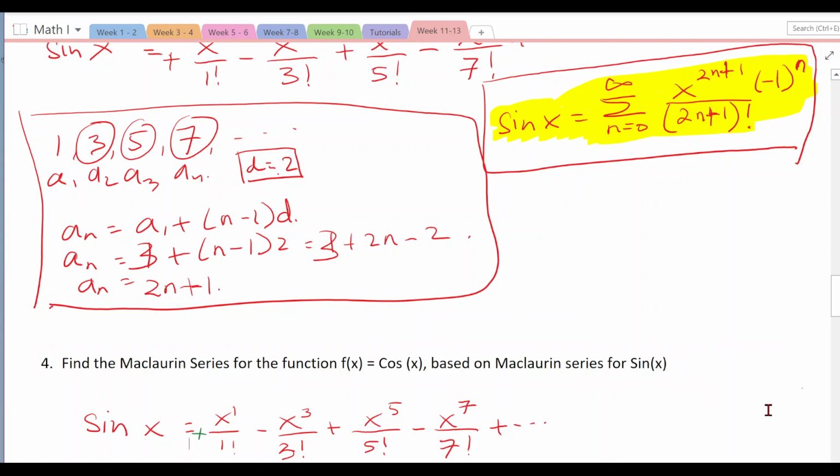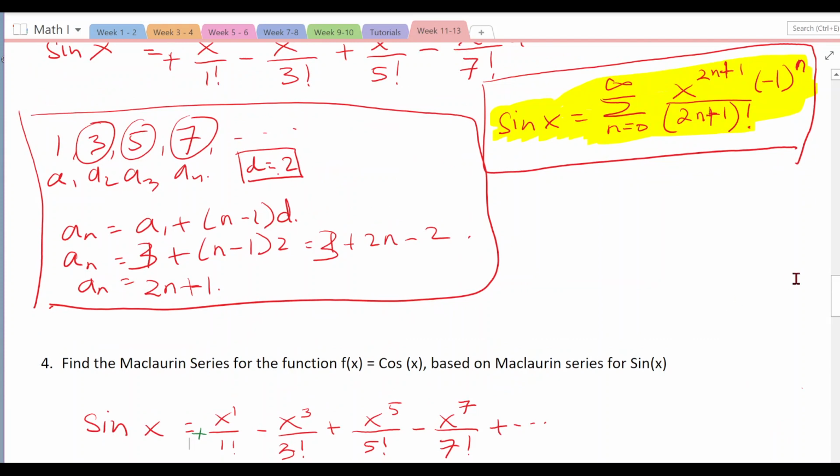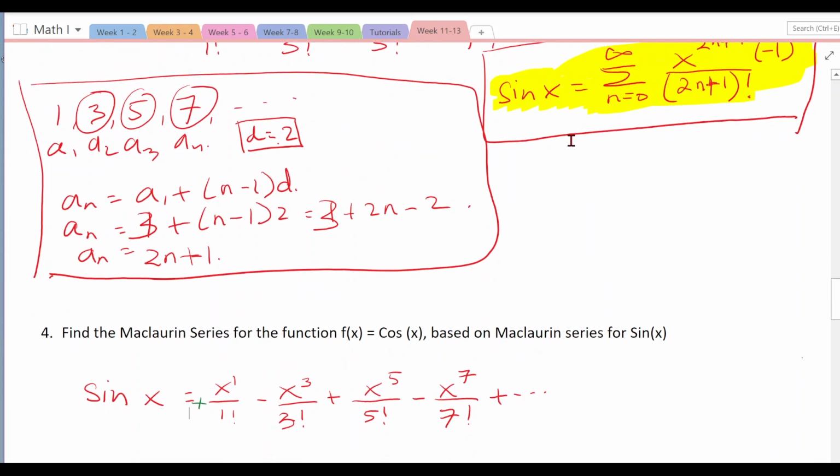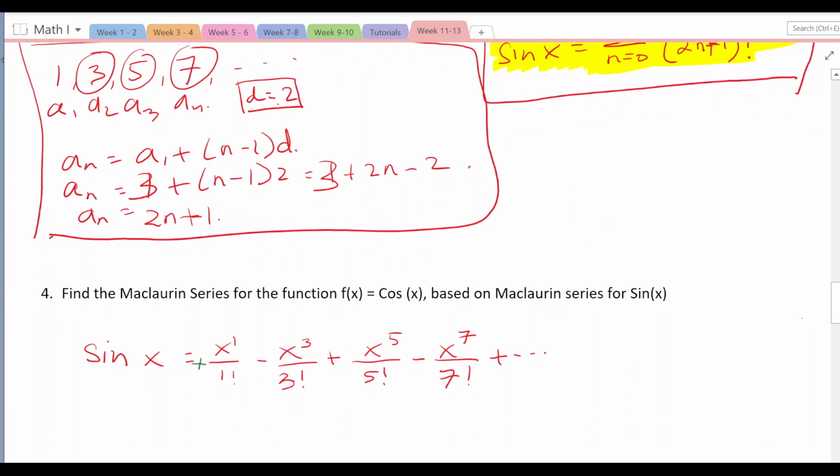And then we also know that the power series expression of sin x in this case is given in the highlighted part here.